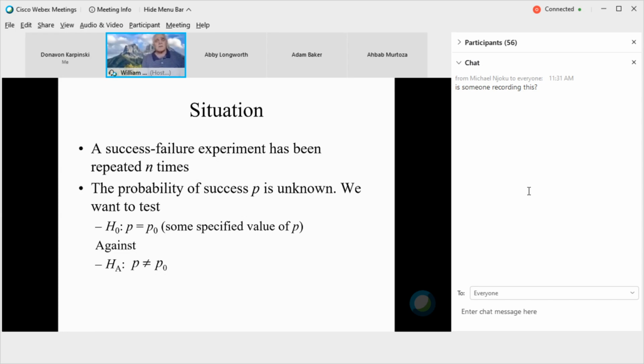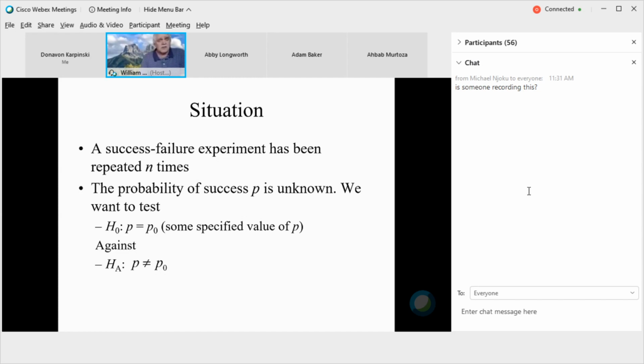If you're sampling from a proportion, choosing an individual at random from the population is the success-failure experiment. The probability of success, P, is unknown, and we want to test whether it's equal to some specified value. We'll call that specified value P0. So P0 will be a number that we're trying to test whether P is equal to.